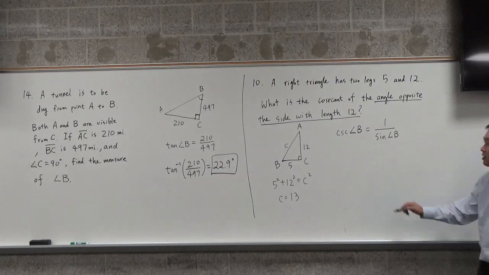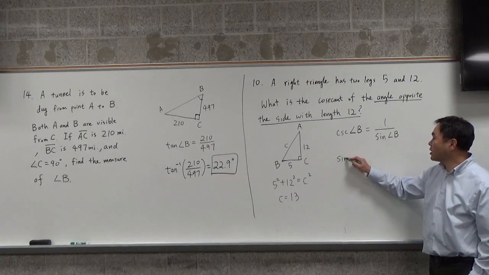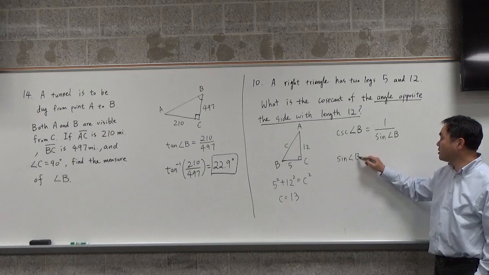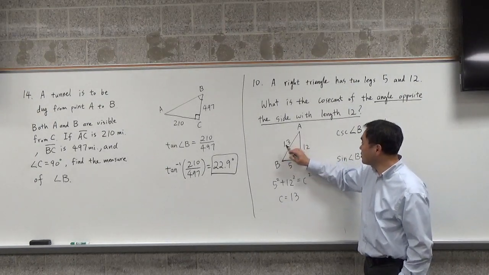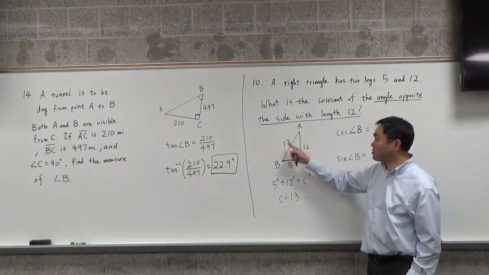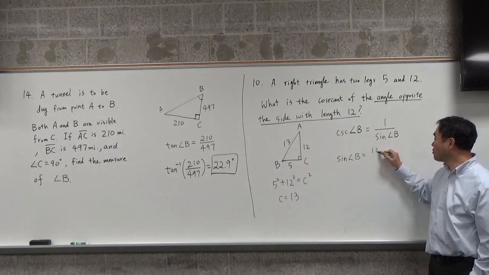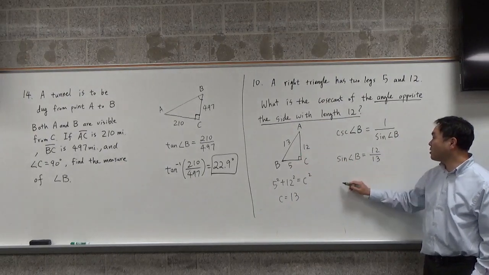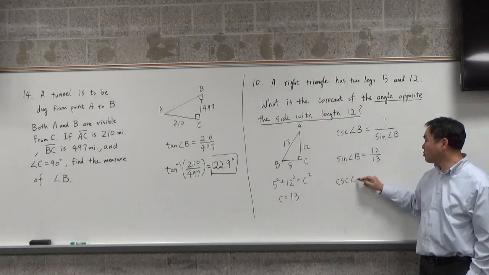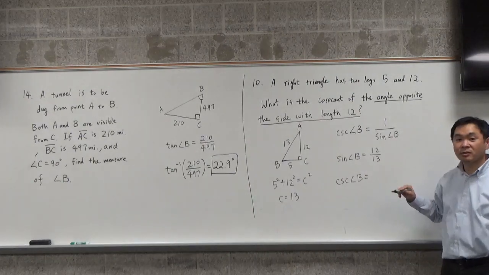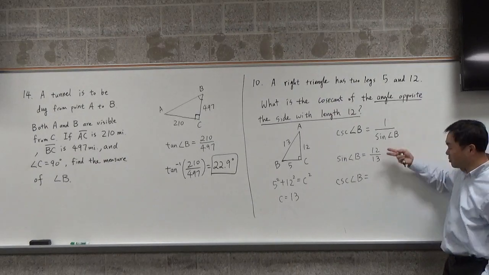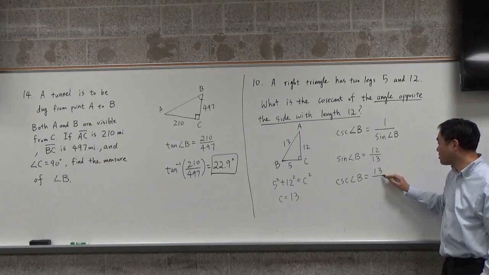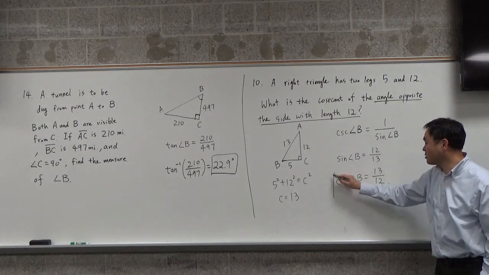Okay, so we are almost there. So we have sine of angle B equal to, since this side is now 13, and sine is opposite over hypotenuse, you have 12 over 13, and therefore cosecant of angle B is the reciprocal, so what do you get? 13 over 12. Yeah, you flip it upside down, and 13 over 12 is the answer.